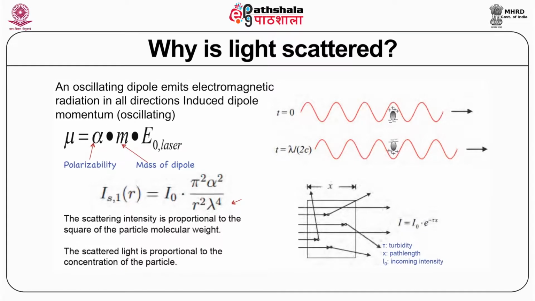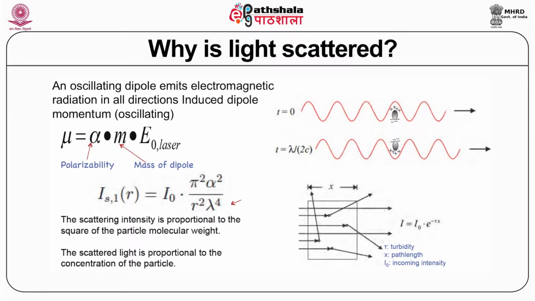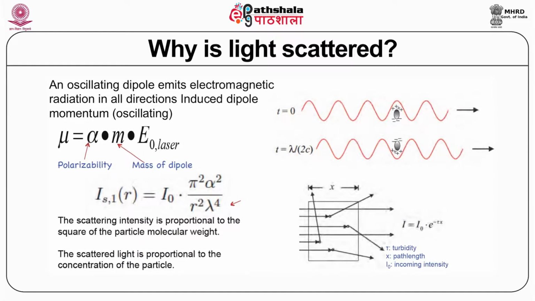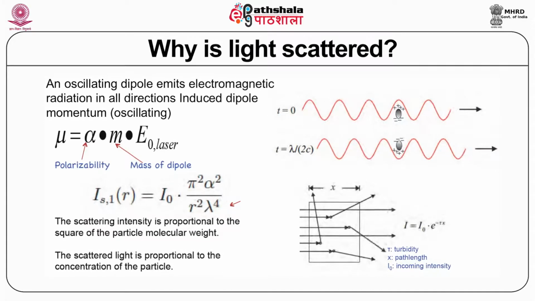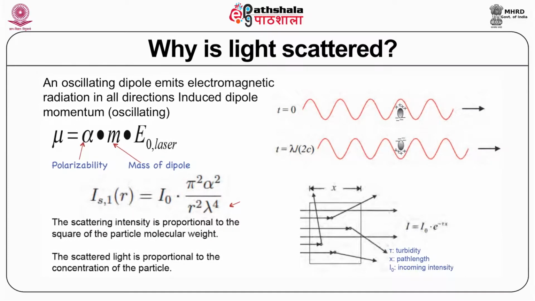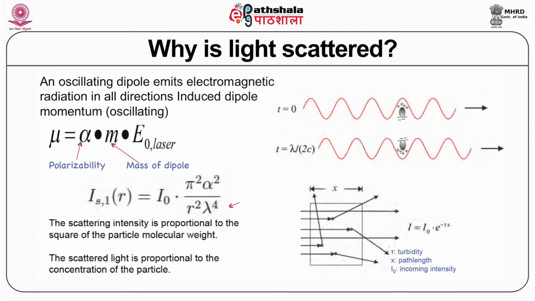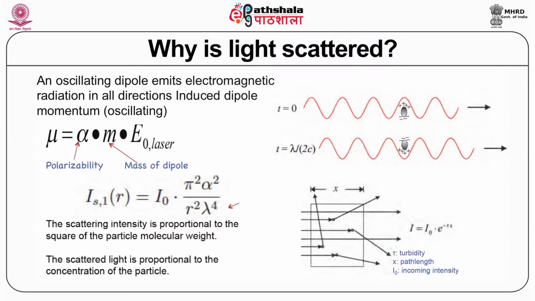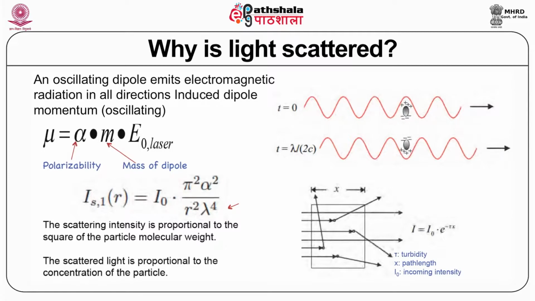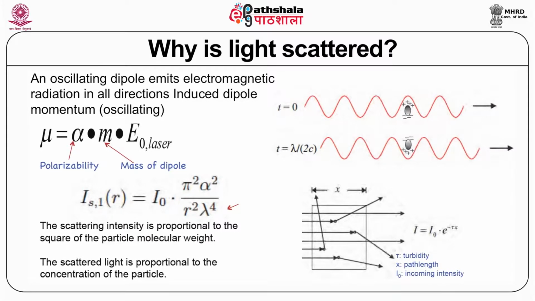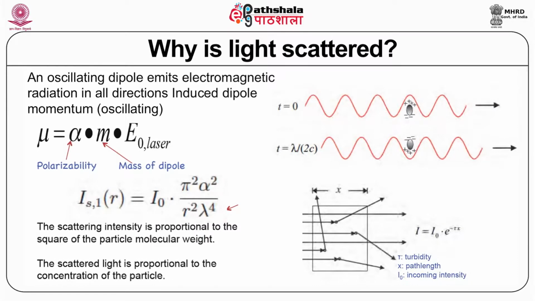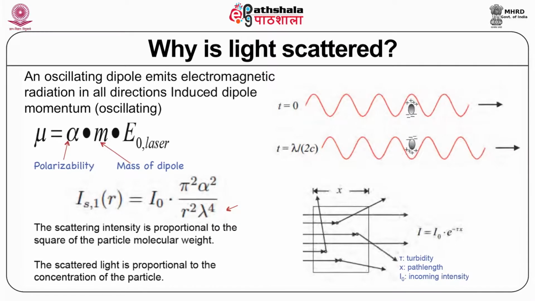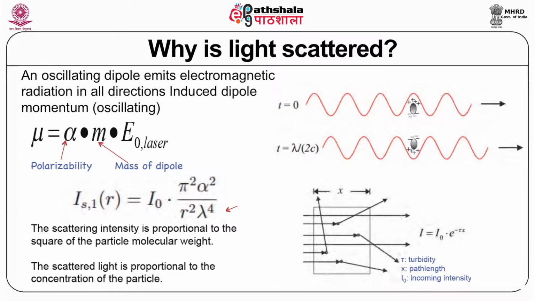So it is derived as I of r equals I naught times pi square alpha square divided by r square times lambda to the power 4. The scattering intensity is proportional to the square of the particle's molecular weight, and the scattered light is proportional to the concentration of particles, which is given here in vector form.